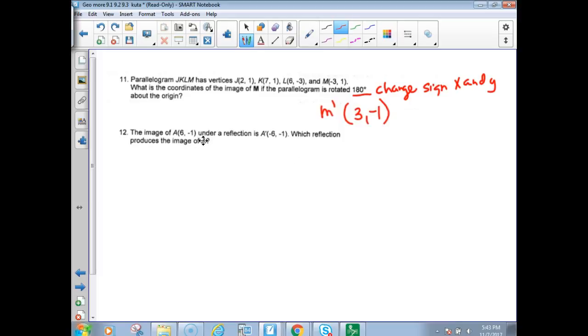The image of A is 6, -1. Under a reflection, A prime is -6, -1. Which reflection produces the image of A? Well, what changed? It's the X value. All right, the X value changed sign. So if the X value changed sign, then it was reflected over the Y axis.